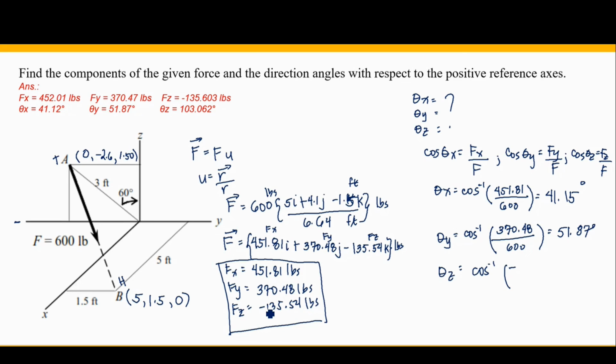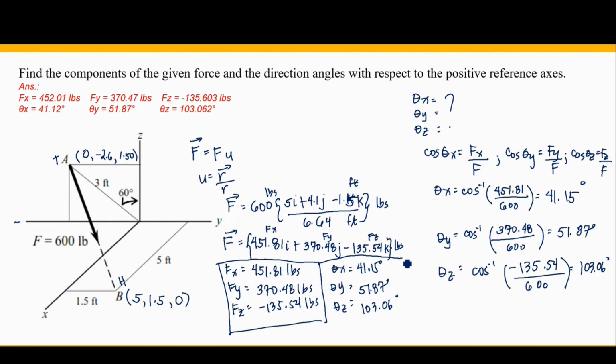And for our theta z, fz is negative, okay? Huwag kalimutan yung negative sign. So we have negative 135.54 divided by 600. So this is equal to 103.06 degrees. Therefore, our final answer will be for theta x, 41.15 degrees, theta y, 51.87 degrees, and for theta z, we have 103.06 degrees.